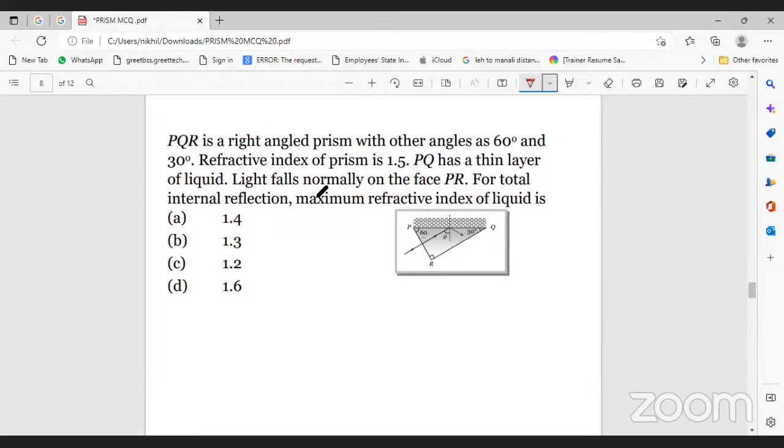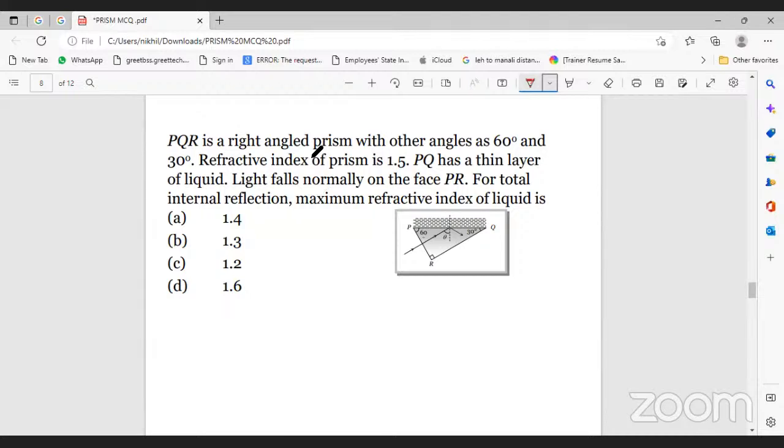Look at this. They have given the diagram. Look at the diagram.